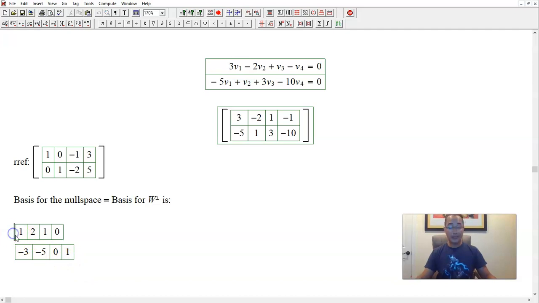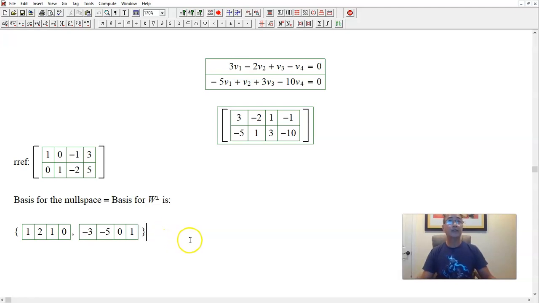So that is our basis for the null space. And in this case, this is also a basis for our orthogonal complement because we said that we are solving for the solutions to the homogeneous system. And of course, we're going to see that that is going to be true in general. So here is our basis for W perp.